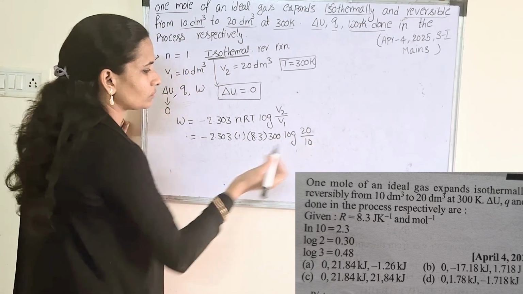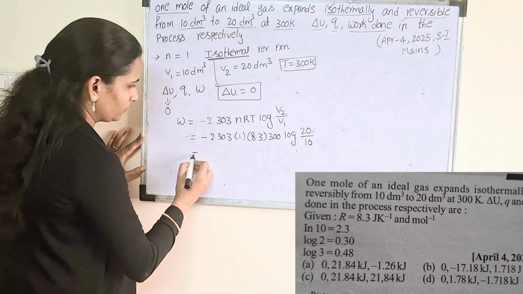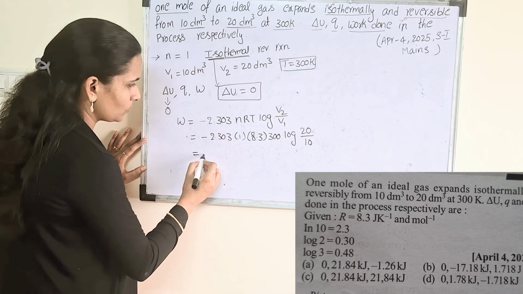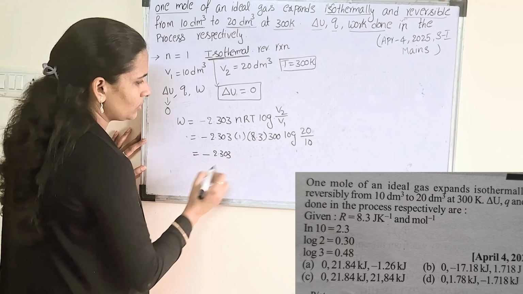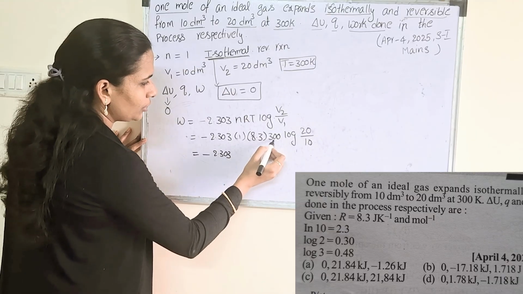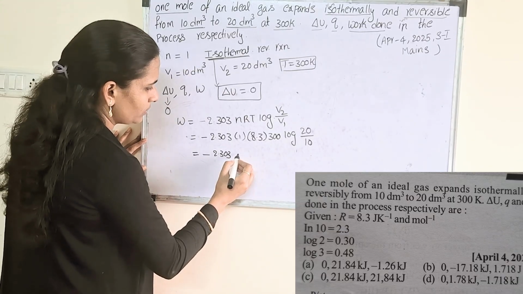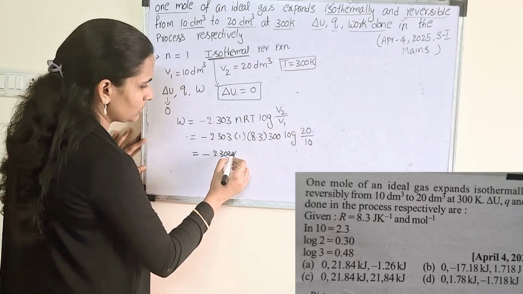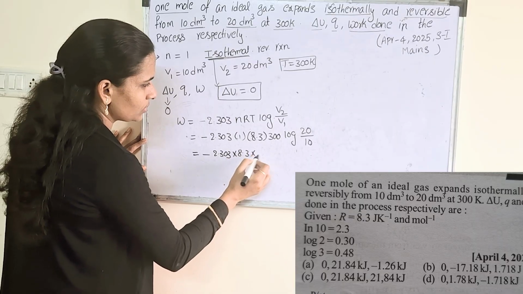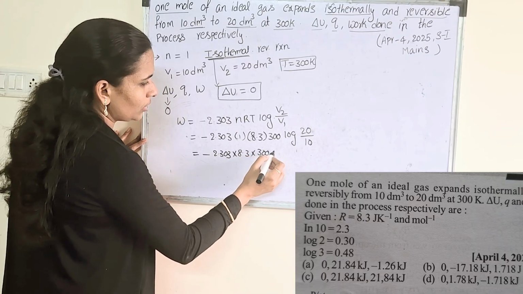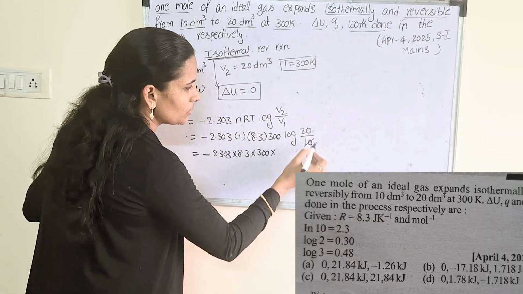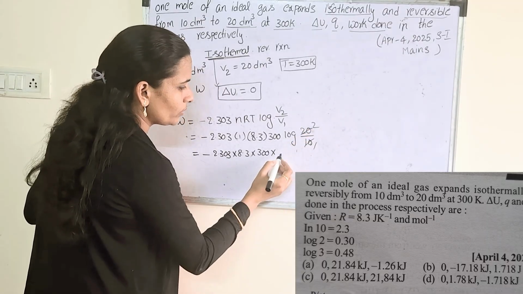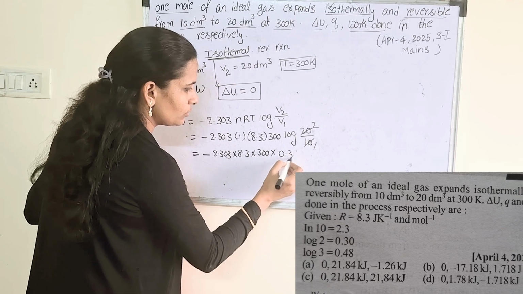So minus 2.303 into 8.3 into 300 into log 20 by 10. 20 by 10 is 2, so log 2, and the log 2 value is 0.3.